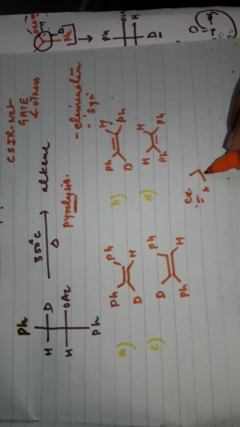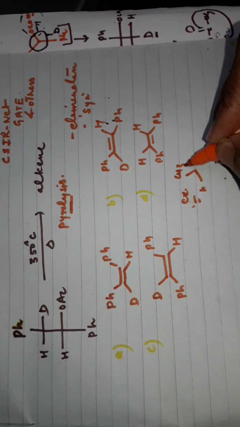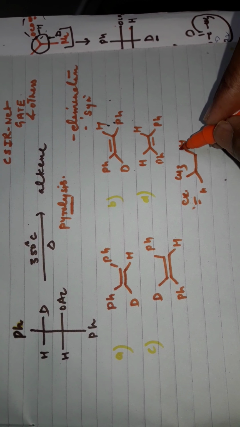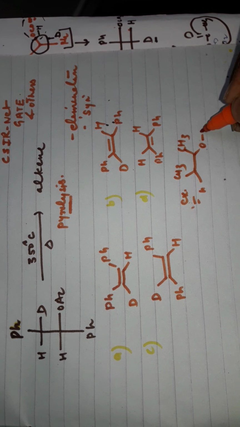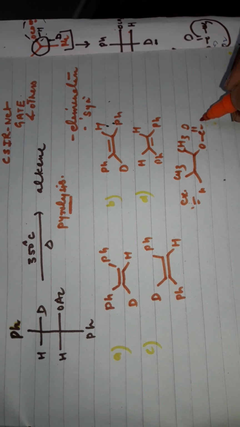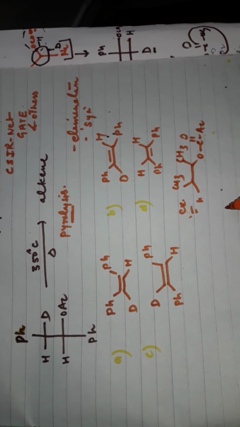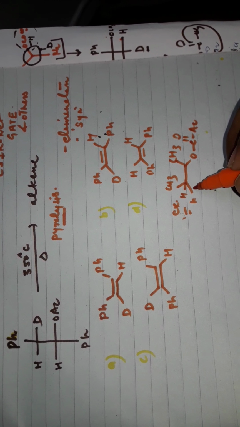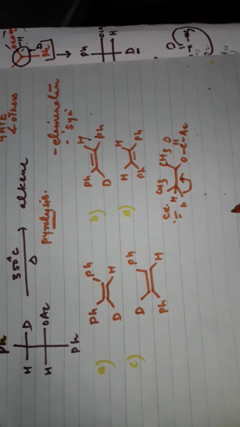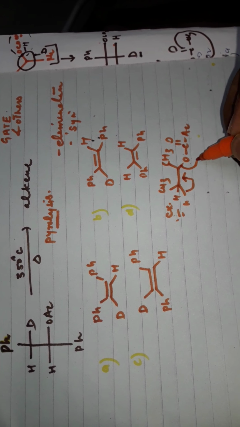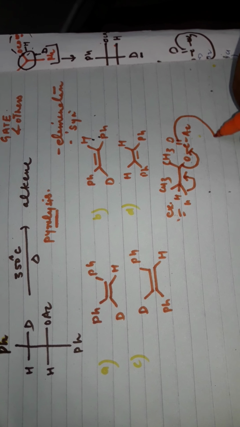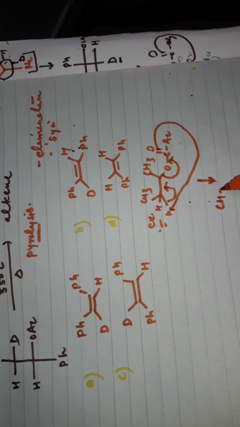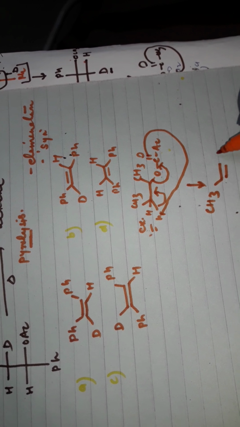Suppose that we take this. In this type, since the elimination is syn type, this will migrate here, and this bond will shift here, and this will affect this hydrogen, so your product will be this one.